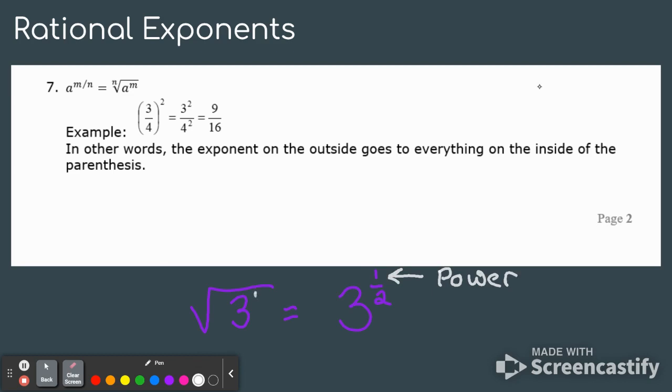So technically inside, that was 3 to the 1, and 2 is the root. So we don't usually write the 2 outside of a square root, but the whole thing about square root is that we're looking for basically how many times that number is multiplied by itself, and it's only groups of 2's. So in other words, the exponent on the outside goes to everything on the inside of the parentheses.